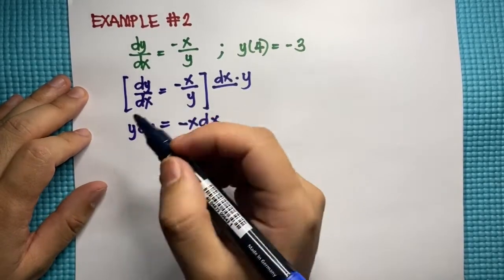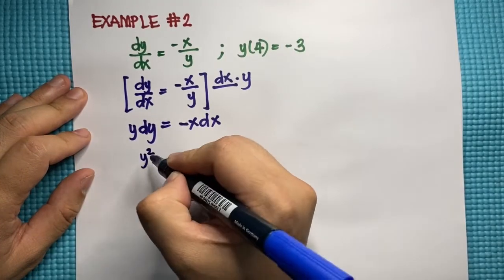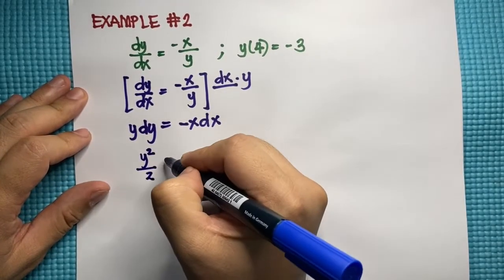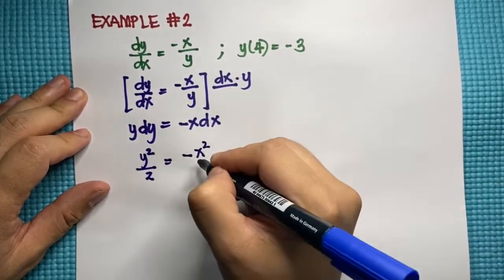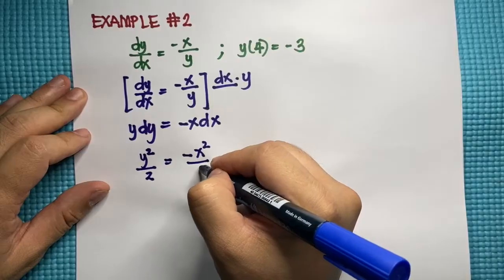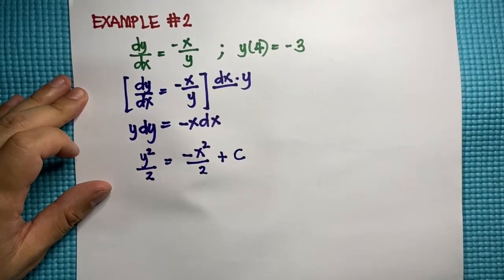So the integral of y dy, using the power formula, gives us y squared over 2, and that would be equal to negative x squared over 2, plus c.